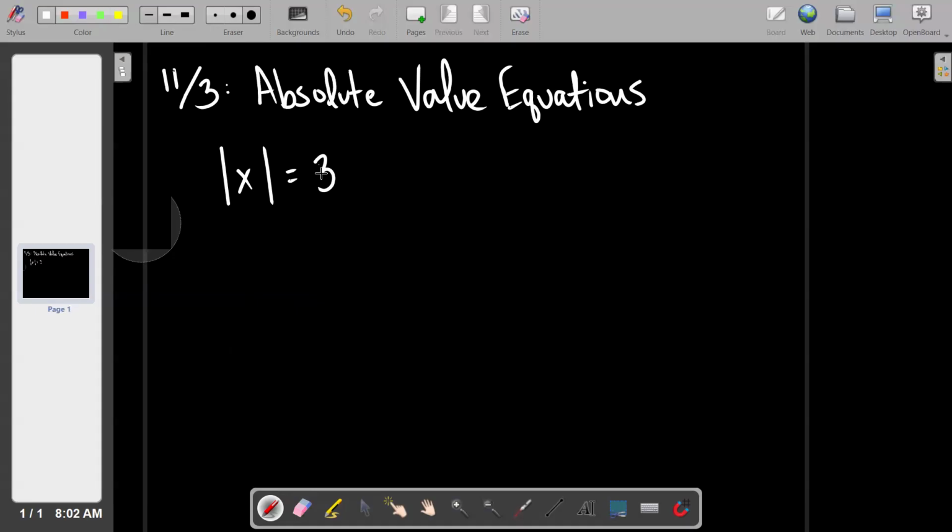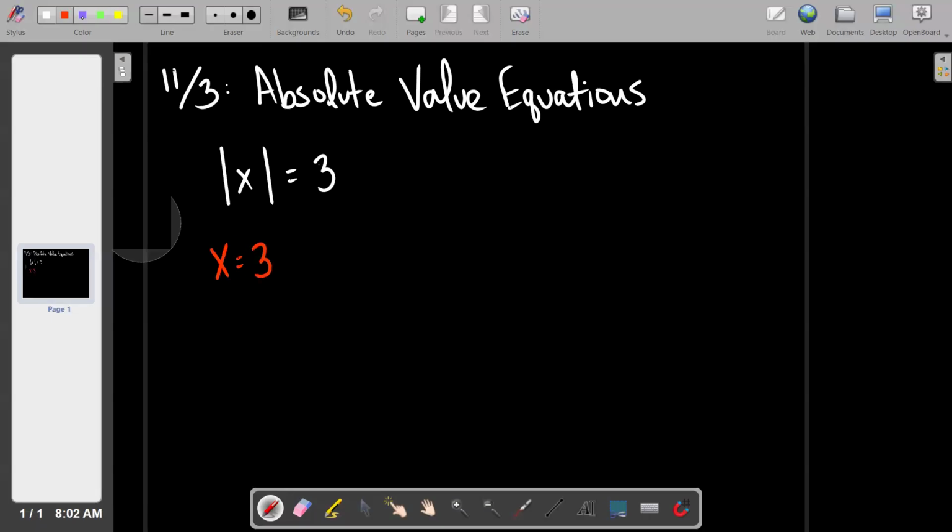What would you think? Yeah, I mean, the obvious answer is that x has to equal 3, right? But again, that's not done. x could also equal -3. So when you're given an absolute value equation, you have to write two separate equations stating the possibilities. One of those possibilities is that x could equal 3.